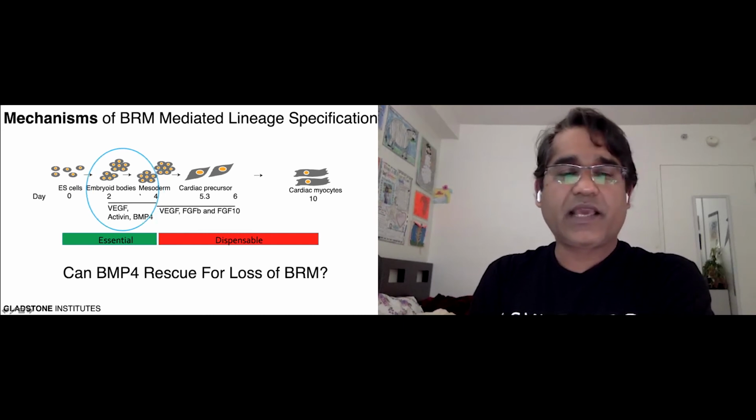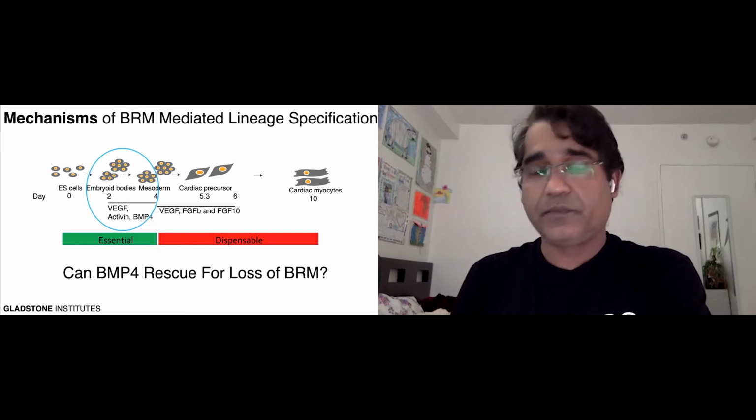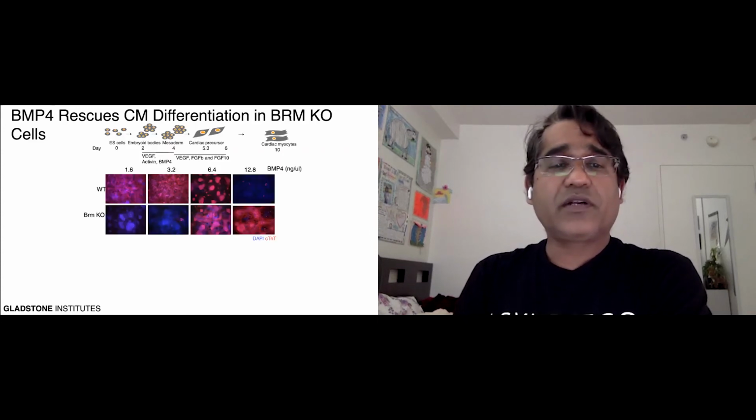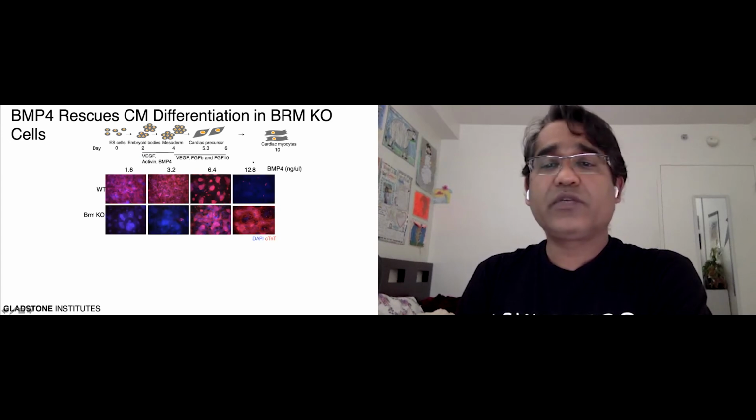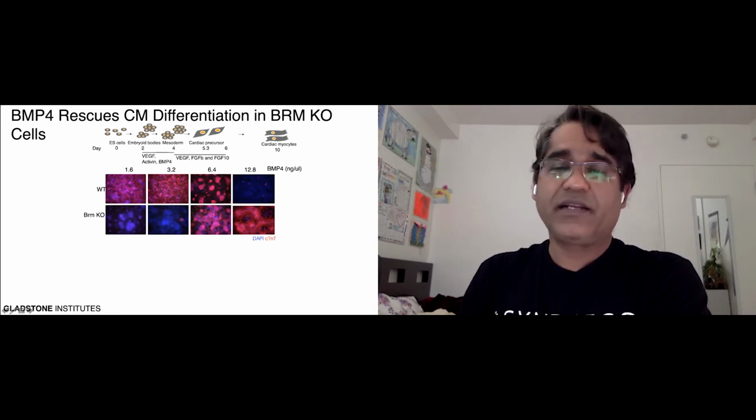And then we asked, can BMP4 rescue the loss of BRM? And that's what we did here. We took increasing amounts of BMP4 and treated the wild type cells, and I'm showing the cardiac troponin T staining here at day 10.